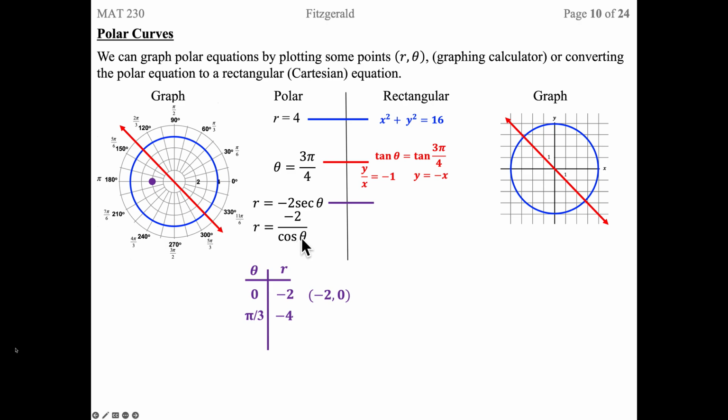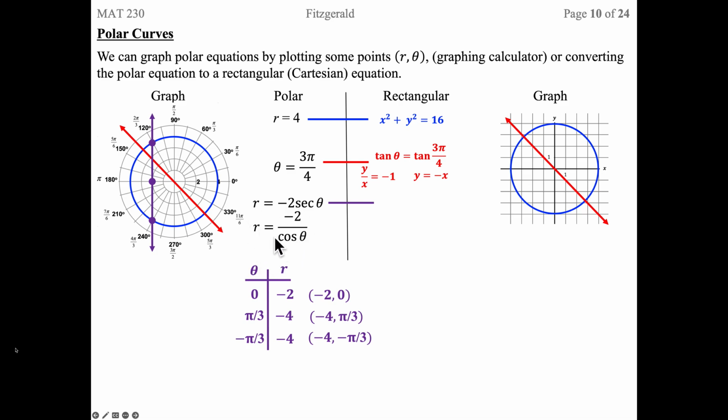That's going to be 1/2. So negative 2 divided by 1/2 is negative 4. So if I go to negative 4, 1, 2, 3, 4, and I go to a negative pi over 3, that puts me right there. Oops, I went the other way. Pi over 3 goes in a counterclockwise direction, then I did the clockwise. There's my 3 points showing me that this is x equals negative 2.